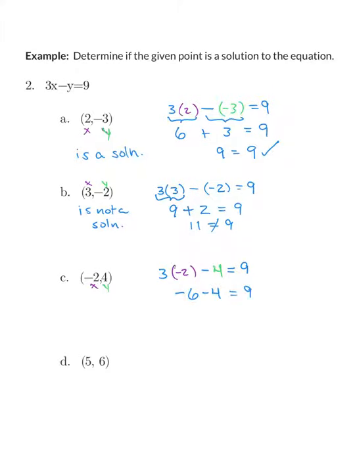If we combine that with -4, we get -6 and -4. They have the same signs, so we are going to add and keep the sign. We get -10 is not equal to +9. So -2, 4 is not a solution.